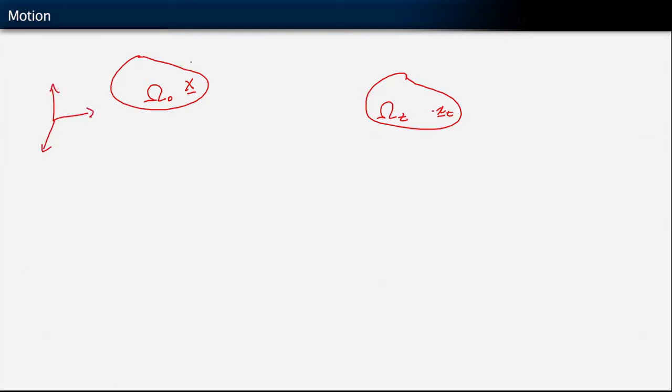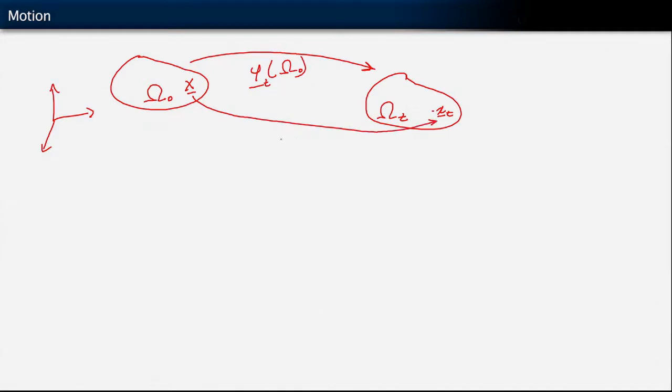Okay, and in particular, the way we were writing this map, we decided to use a new symbol f sub t of omega naught, right? And what this also does for us is map individual points, right?